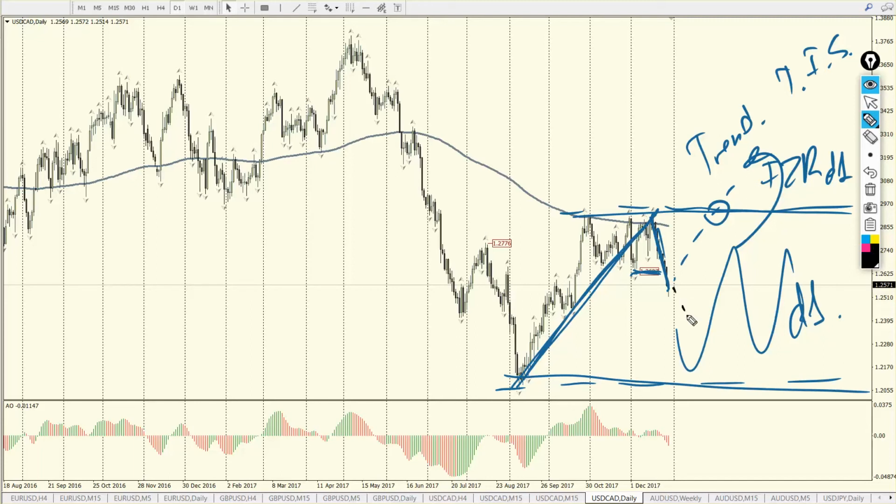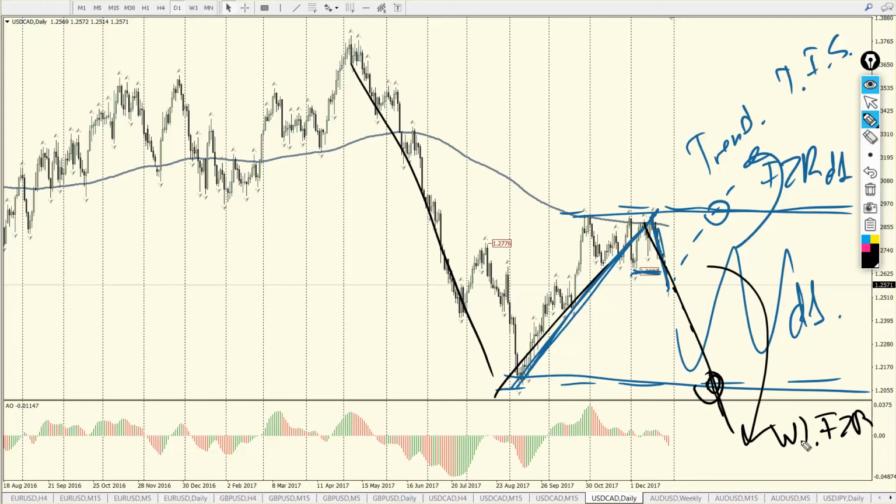If we go down and break through this reference point, then the whole trend of a weekly time frame will proceed. We will have here an FZR of weekly time frame, and then this pair will move into a trend phase of weekly time frame, which is also good for me. For me, as long as the pair stays in a trend phase, I'm happy enough, no matter what direction it's going.